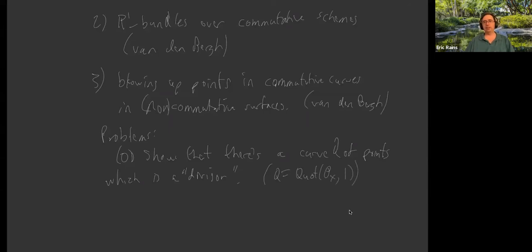Namely, it's the scheme that parameterizes quotients of the structure sheaf that have Hilbert polynomial, whatever that means, 1. So basically, if you're starting with a graded algebra, it really is quotients of the graded algebra which are one-dimensional in every degree. And that's the natural notion of what a point module would be. Or actually one-dimensional in sufficiently high degrees, I guess is what we really want.